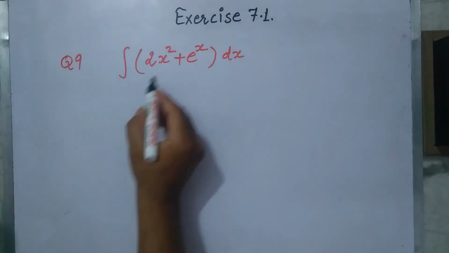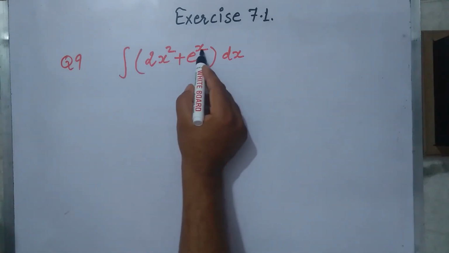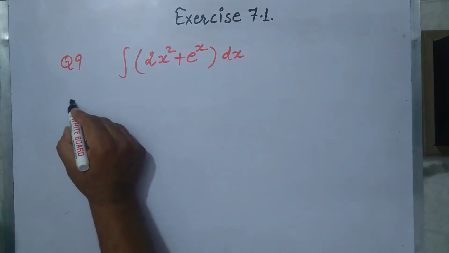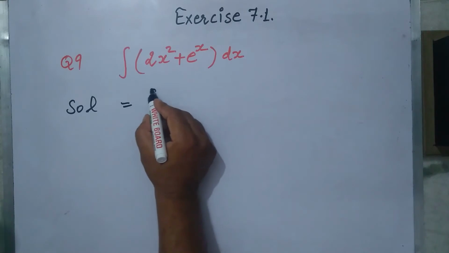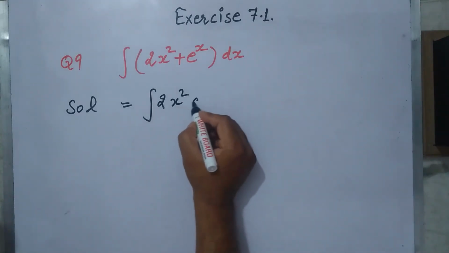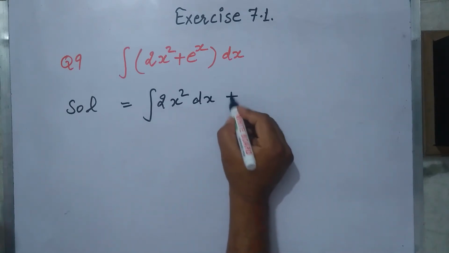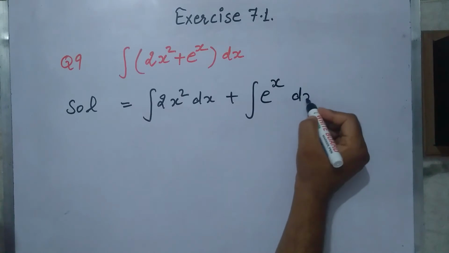Now our next question number 9, integration 2x square plus e raised to power x into dx. So we have, this is equal to integration 2x square dx plus integration e power x dx.